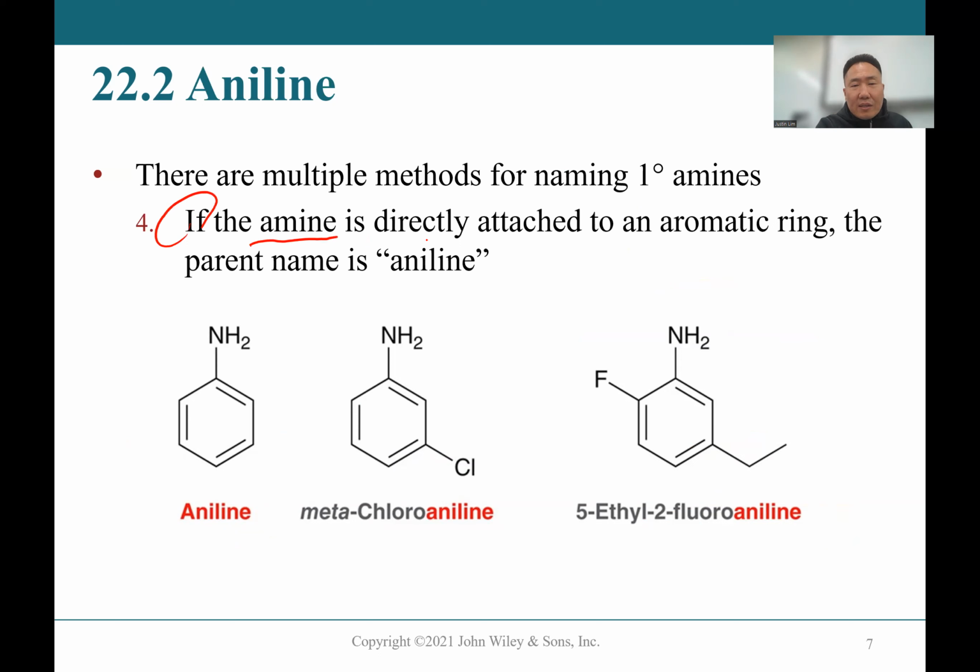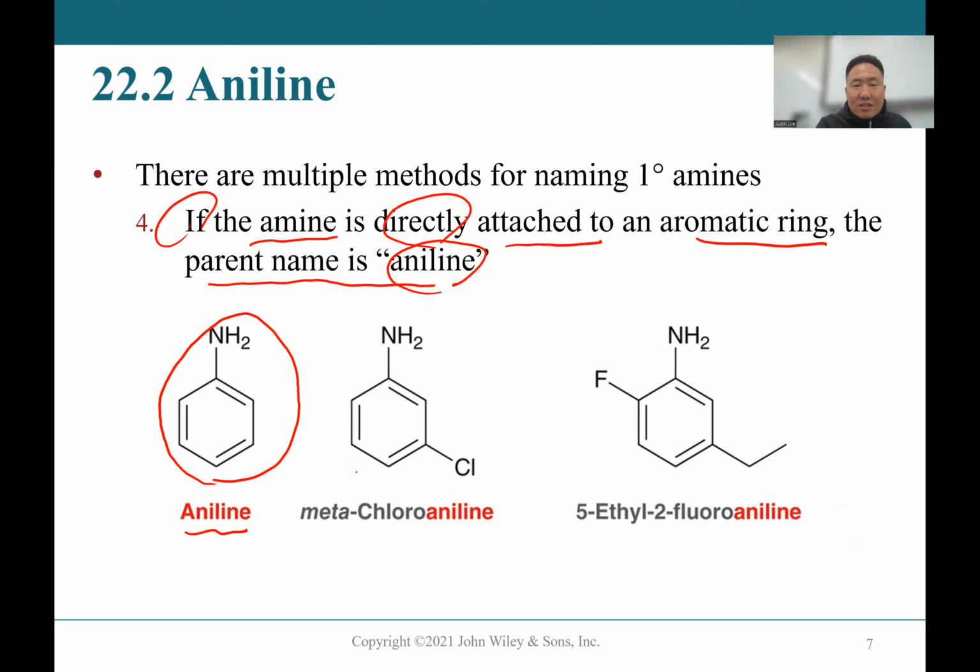If the amine is directly attached to an aromatic ring, the parent name is aniline. You need to memorize the common name. So this is aniline. Name of this compound: numbering 1, 2, 3, you can write 3-chloroaniline or meta-chloroaniline.